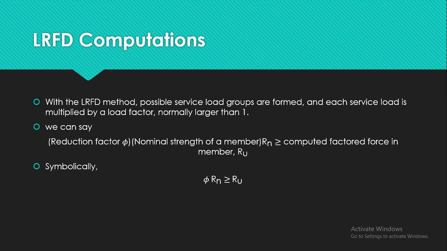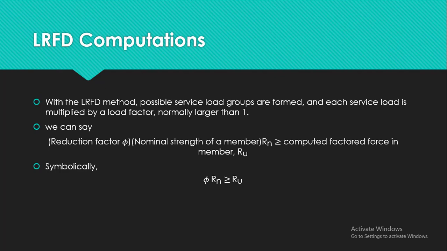The resulting linear combination of service loads in a group, each multiplied by its respective load factor, is called a factored load. The largest values determined in this manner are used to compute the moments, shears, and other forces in the structure. These controlling values may not be larger than the nominal strength of the members multiplied by the reduction factors.